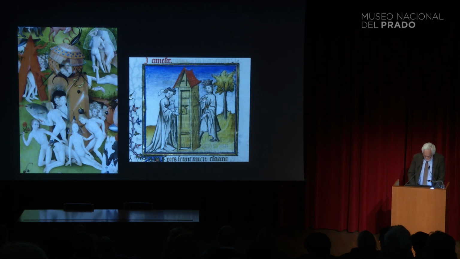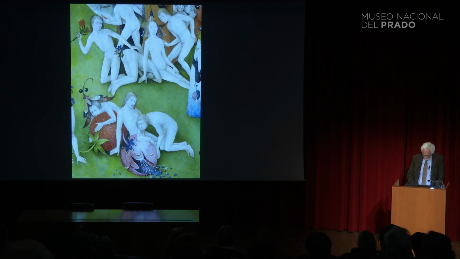We already looked at the invitational gesture of the man right in the foreground who offers us a berry of the same love fruit that they are engaged in and enjoying, offers us as viewers to participate, to eat. The painting thus actively leads us to transgress the boundaries between the pictorial world and our own.